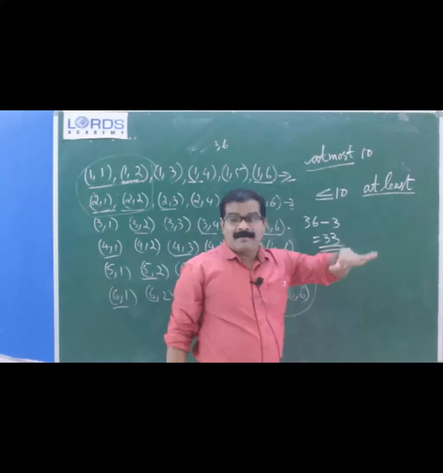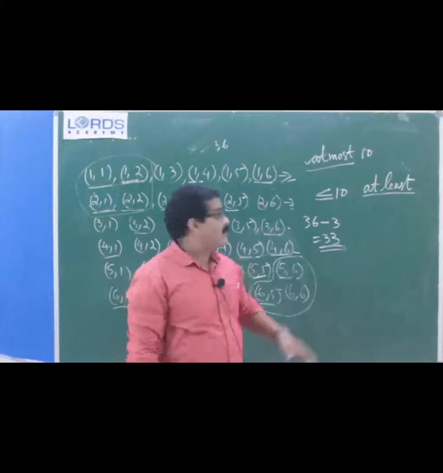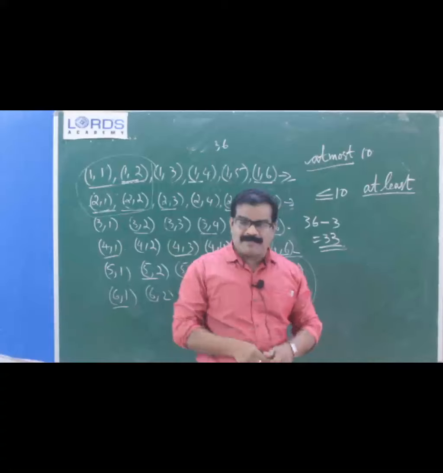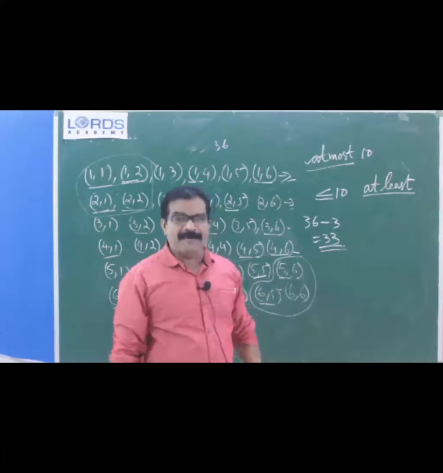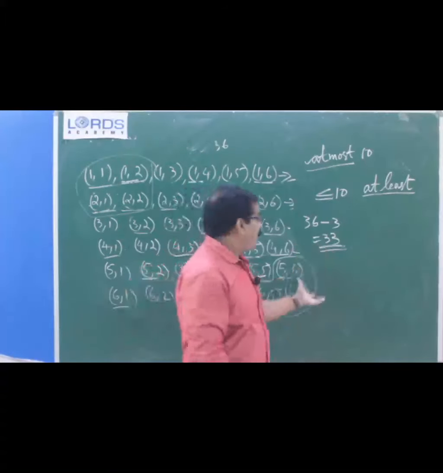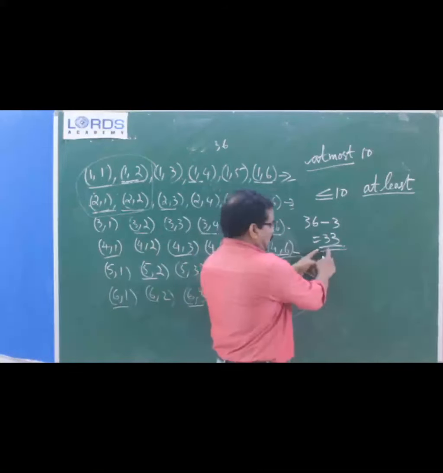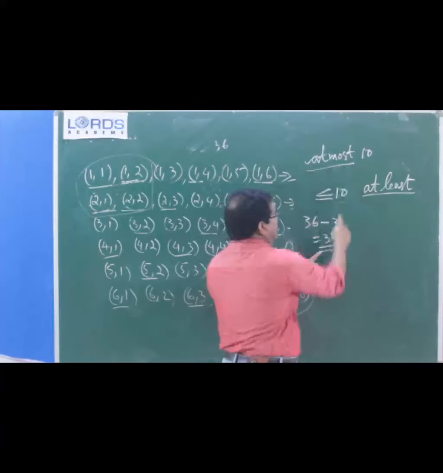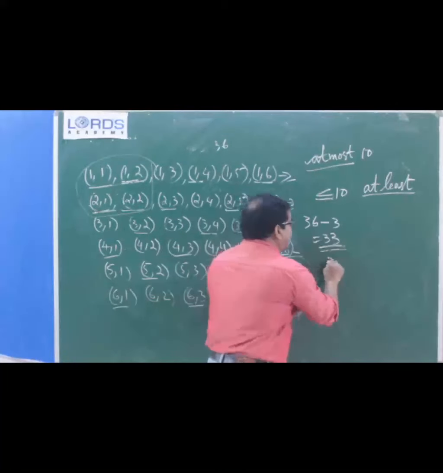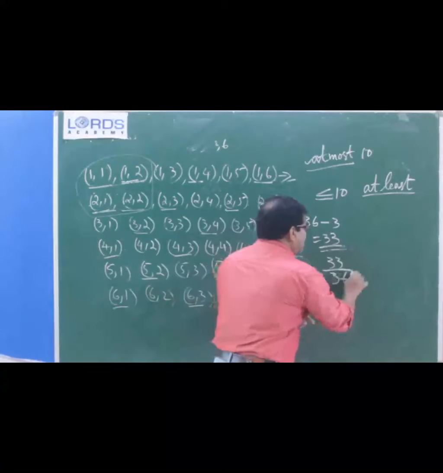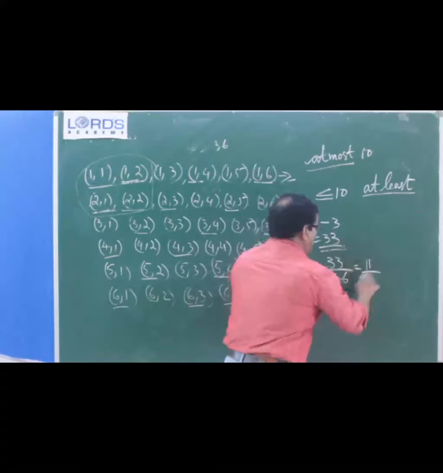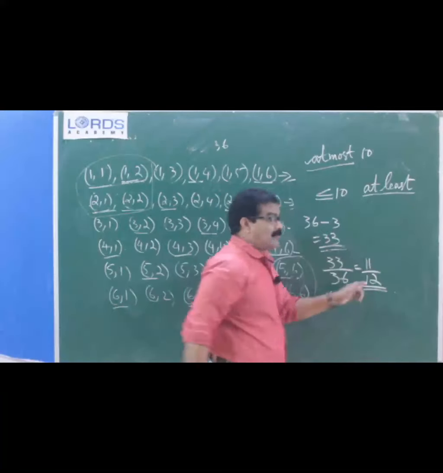When you add, the sum should be at least 10. Then how can we define it? Please tell me at least 10. Then what is the answer for this? From the previous one, at most 10, the number of favorable cases is 33, therefore the probability of getting that is 33 by 36, that is equal to 11 by 12. You will get 11 by 12 as the answer.